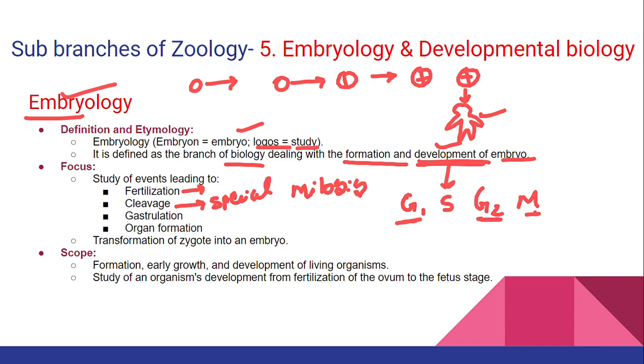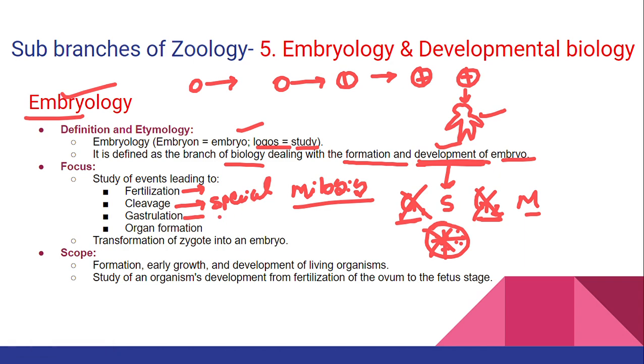G1 and G2 are called growth 1 and growth 2, meaning your cell will grow in size because internal growth is occurring. But during cleavage, the G1 and G2 phases are absent, so the cell size will not increase. Only the number of cells increases inside the body, but the cell size won't.